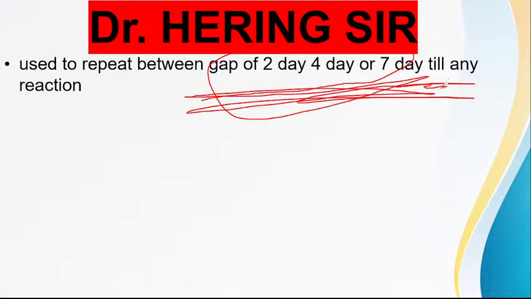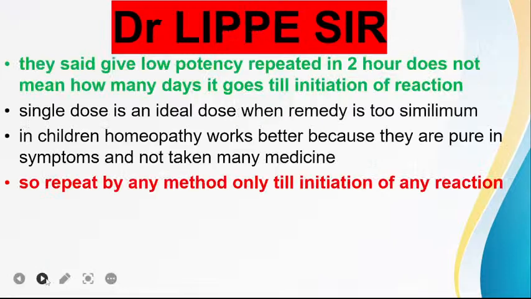He trusted in the repetition of the dose, so he repeated the medicine at a fixed interval of 2, 4 or 7 days until a reaction started. Whenever the reaction started, he stopped giving the medicine and kept the patient on placebo. This was the only method of Dr. Herring sir.